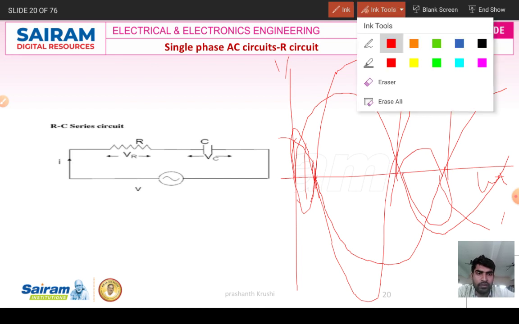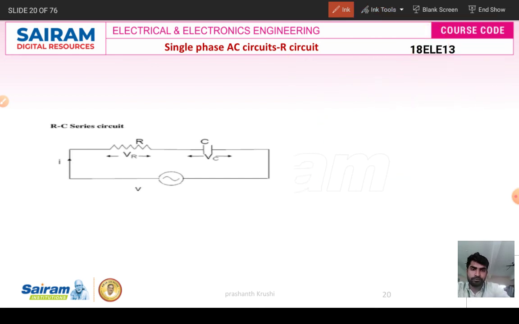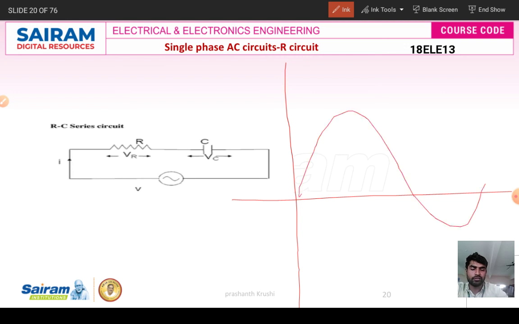So don't get confused. Once again I'll draw it for your reference. See here, y axis, x axis, omega t. I'll just draw the voltage. This is the voltage, and the current is like this. So what about the power? Both are positive, so positive power, small amount of power.